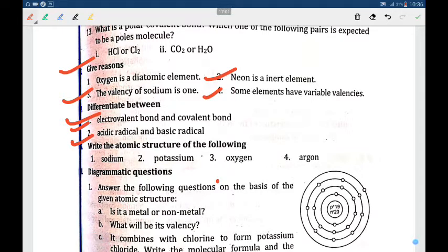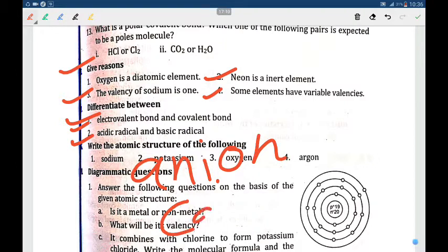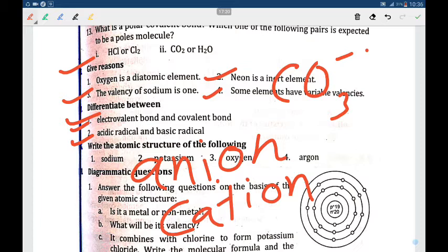Acidic radicals are also called anions, A-N-I-O-N, and basic radicals are also called cations, C-A-T-I-O-N. Example of acidic radical, CO3 minus minus; basic radical, Al plus plus plus.